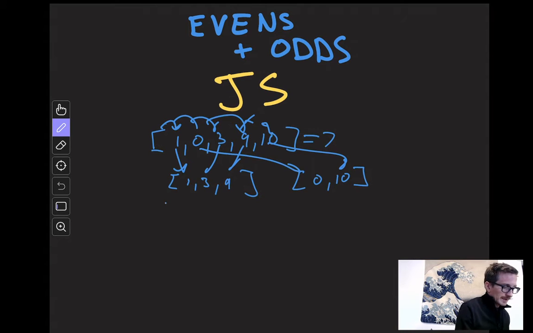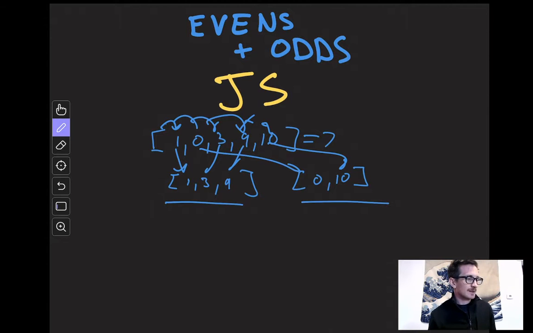Now there's one thing we need to think about: we have two arrays. So how do we return two things from a function? We technically can only return one thing. This is where people get stuck on this one: how do you return two arrays?